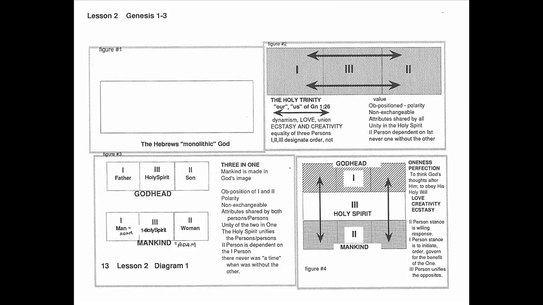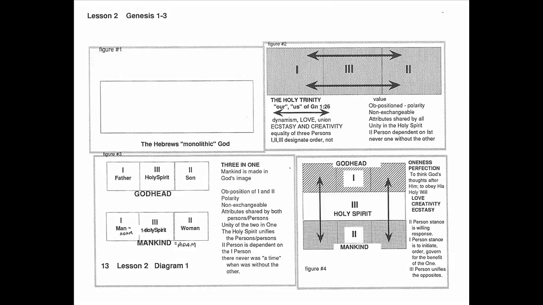Now, obposition is different from opposition. Ob simply means facing each other. There is the facing of the man to the woman as the father faces the son. Now, these roles, again, are non-exchangeable, and the attribute shared by one of the persons is shared by all of the persons.